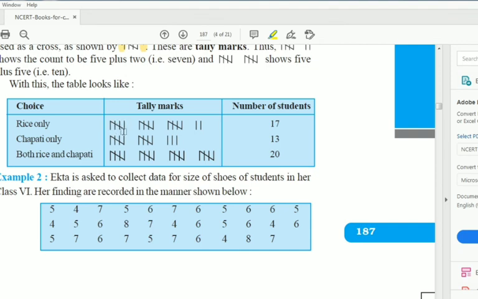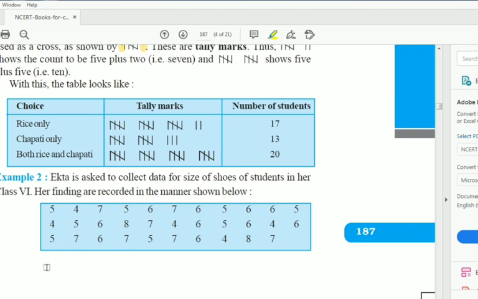So 5 ones are 5, 5 twos are 10, 5 threes are 15 and 2, 17. 5 ones are 5, 5 twos are 10, 10 and 3, 13. 5 ones are 5, 5 twos are 10, 5 threes are 15, 5 fours are 20, so 20. So the number of students remains the same, but the marking and the method changed, and the method which is time saving, that method we are going to use while solving some sums.